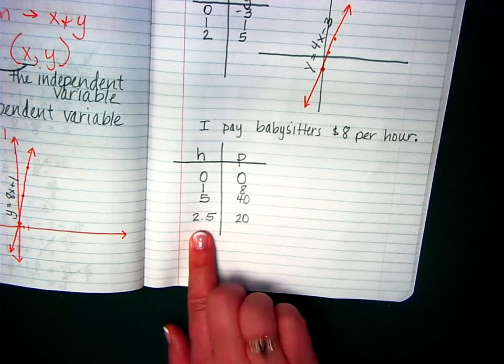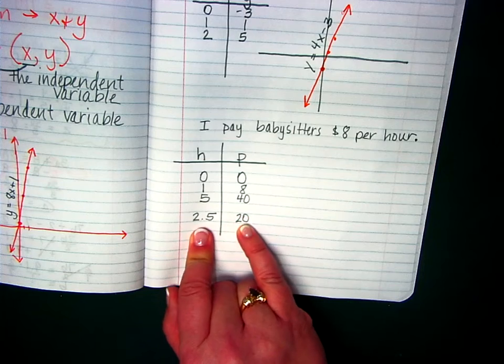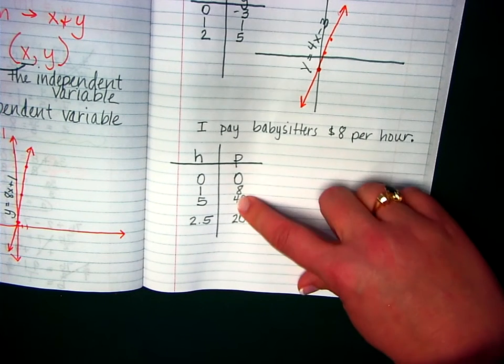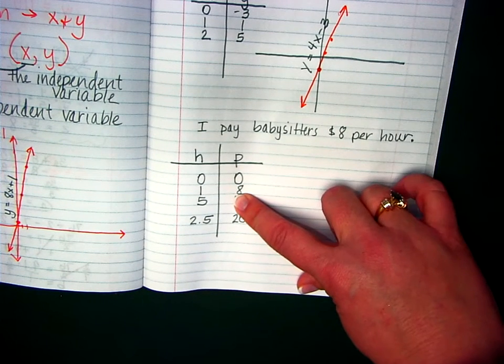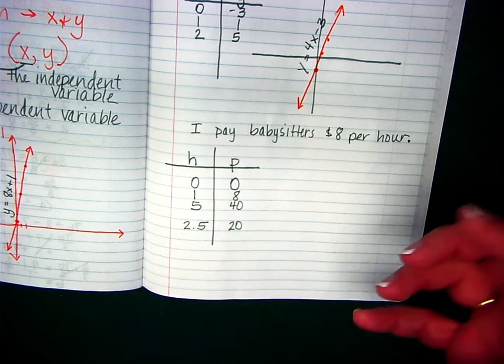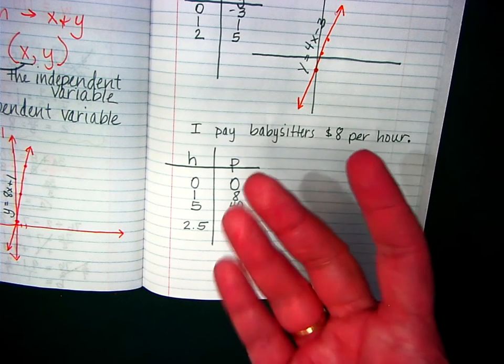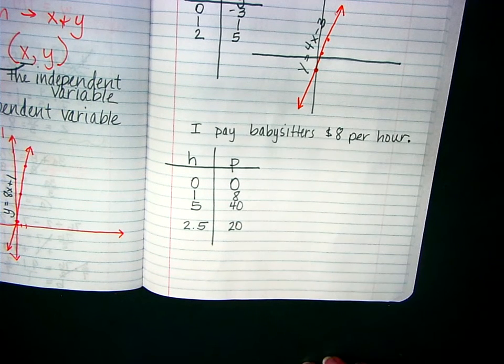Which means that this bizarre point falls on the same line as these points. Is there a solution that doesn't work? Of course. If they were there for 3 hours and I hand them $10, it doesn't work. It's the reason why a babysitter might get angry.